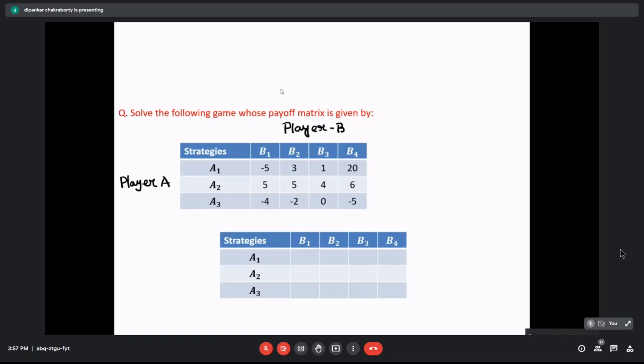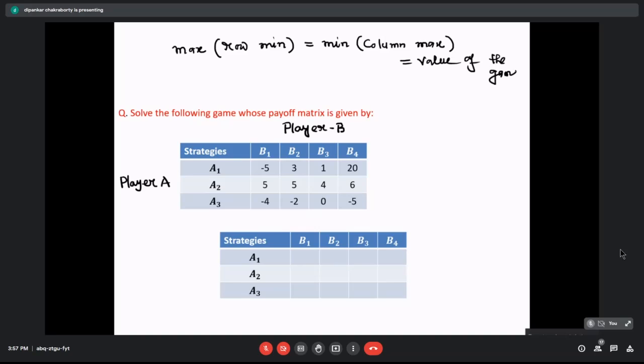To check that, we are going to find the row minimum, and then the maximum of that. Similarly, we are going to take the column maximum, and then the minimum of that, and that is basically equal to the value of the game. So ultimately our goal is to get that.